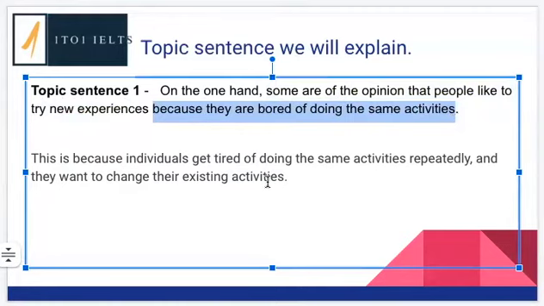Both of these are really good. You want to be writing in complex and compound sentences in your writing, because this is part of the marking structure for your grammar, that you are writing using compound and complex sentences rather than just writing simple sentences. So make sure, if you're not sure of what a compound or complex sentence is, that you understand these concepts.